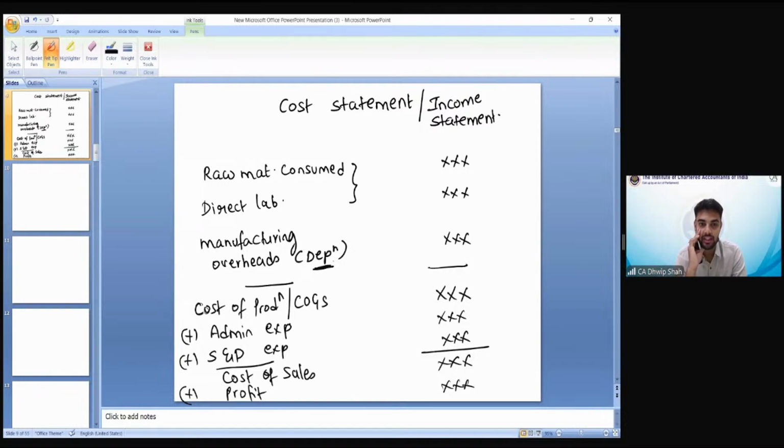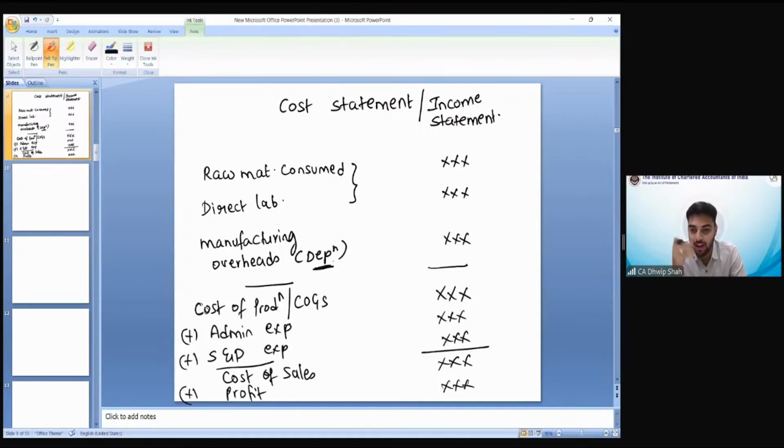Are you getting this? So if the question specifies that manufacturing overheads include depreciation, then you have to remove the amount of depreciation from manufacturing overheads. Because amount never gets blocked in depreciation. It is a non-cash expense. So the bank will never fund you for those expenses which you have not paid in cash. Are you getting this logic?